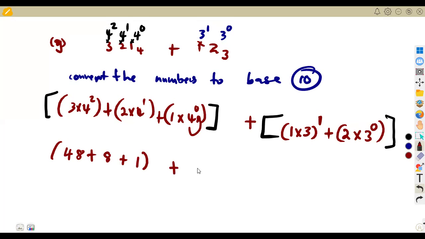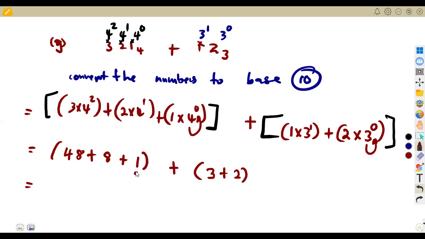All right, plus we do the same thing. Here, the power is on 3, like this. 3 to the power of 1 is 3 times 1, which is 3, plus 3 to the power of 0, that's 1 times 2, which is a 2. So if we add everything, what are you going to have at the end? 48 plus 1, that is 49.